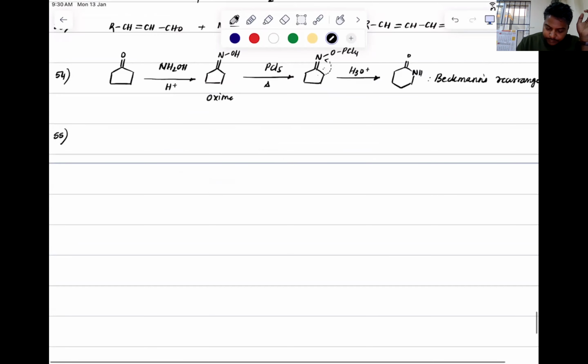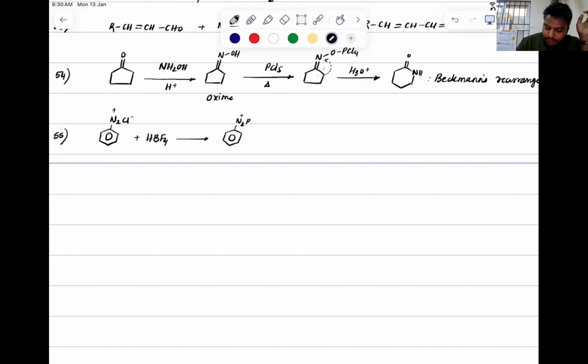Next, check out here. If you have a diazonium chloride plus HBF4, then that will first convert into N2 plus and BF4 minus. Okay, and this is insoluble in water.